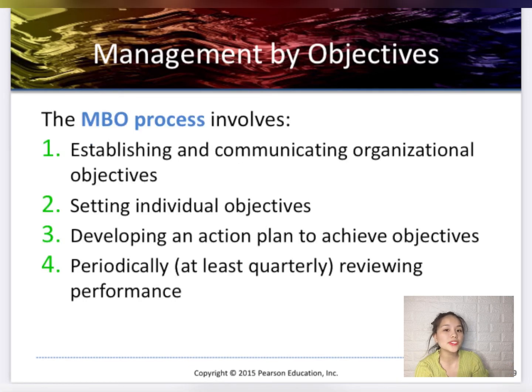So, this process involves establishing and communicating organizational objectives. This is where the management determines the organizational objectives of the entire company. So basically, this objective should be derived from the firm's mission and vision, and then translated to the employees.